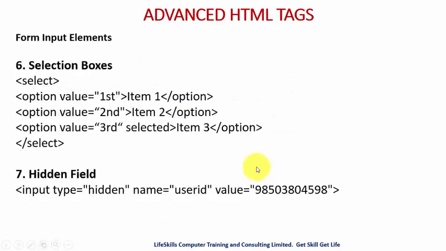Now, before I go to that, in the case of selection boxes, you see that it has a select opening tag and a closing select. That is like a drop down. The selection box is a kind of drop down menu in your form, for example, select your country or select your state.